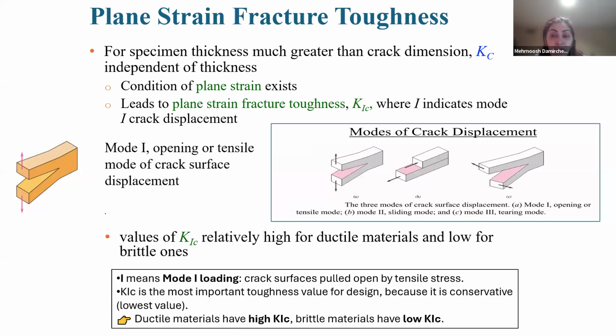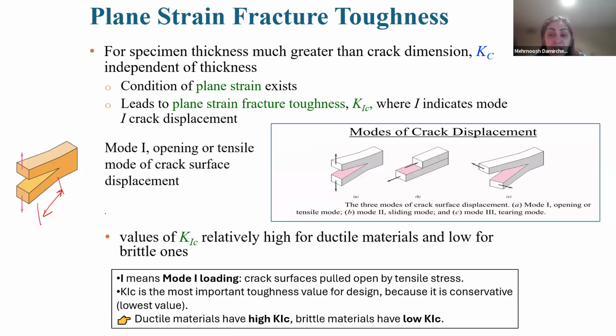Okay. In this slide, we want to talk about the plane strain fracture toughness, or KC. When the sample thickness is much greater than the crack size, you can see the crack size here, the measured fracture toughness becomes independent of the thickness of the sample.